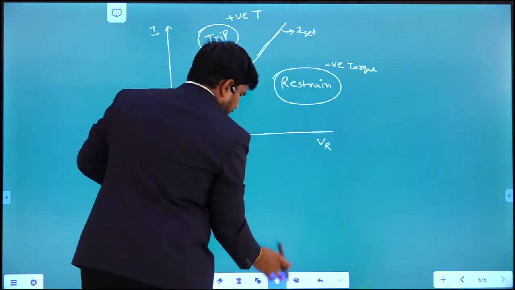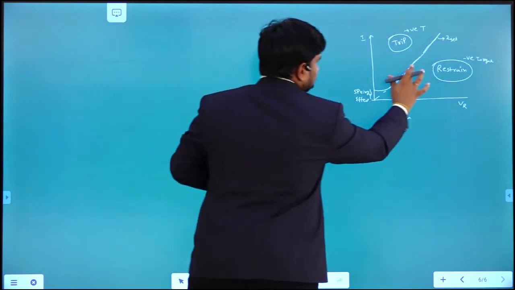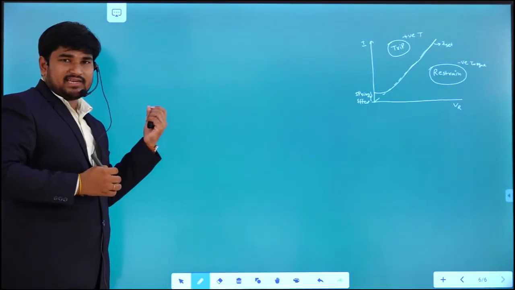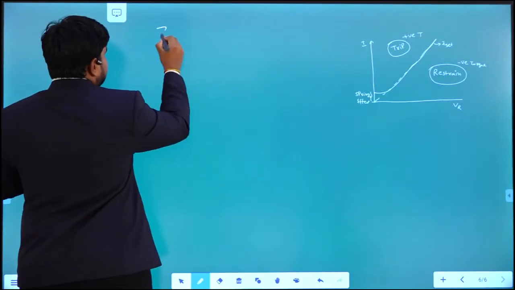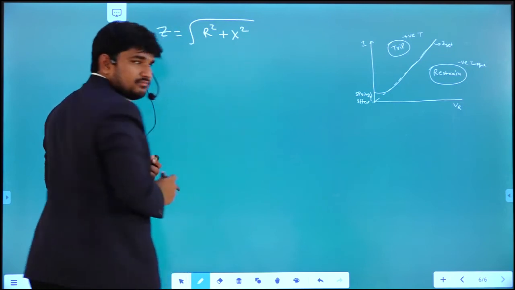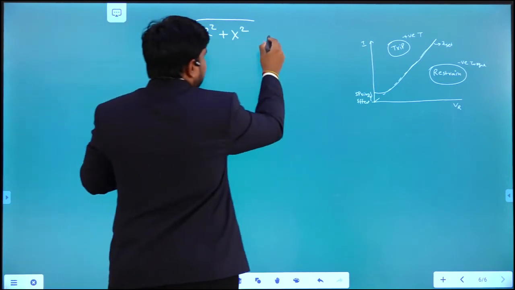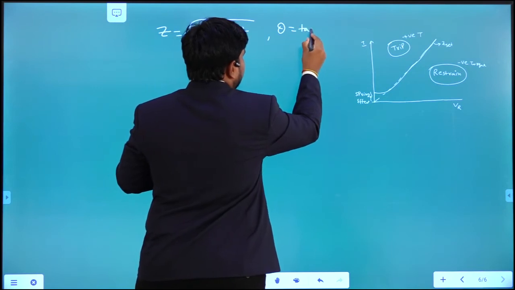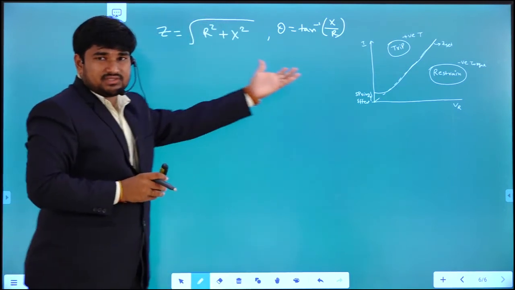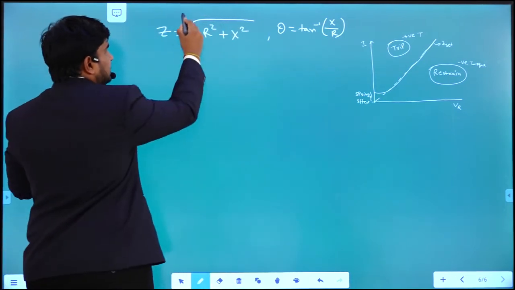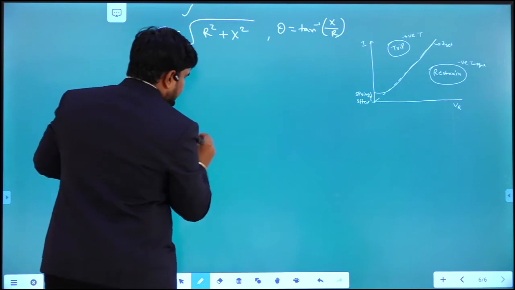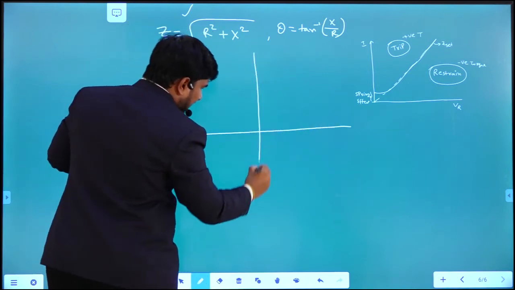Instead of taking these characteristics, as it is an impedance relay, I will consider the impedance itself. That is Z equal to square root of R square plus X square, and the impedance angle is equal to tan inverse of X by R. Along with these two terms, if you observe this expression, it looks like a circle in the RX plane.